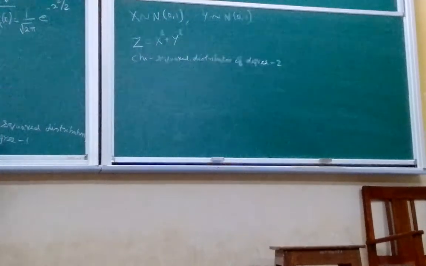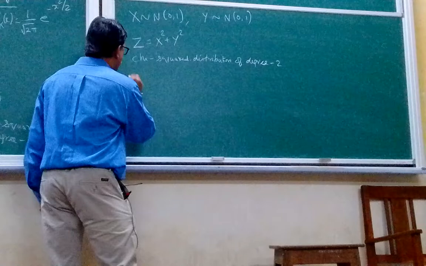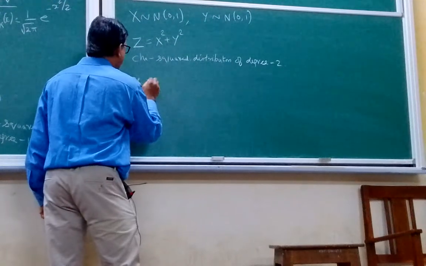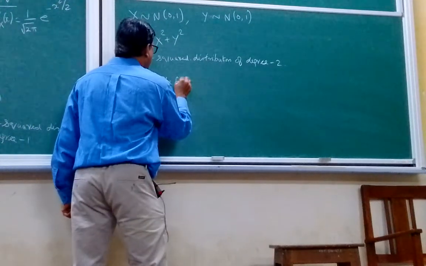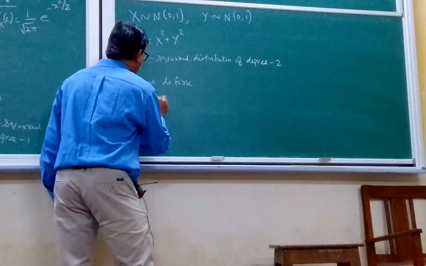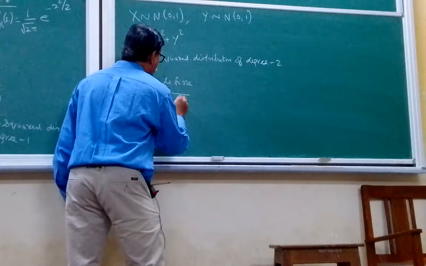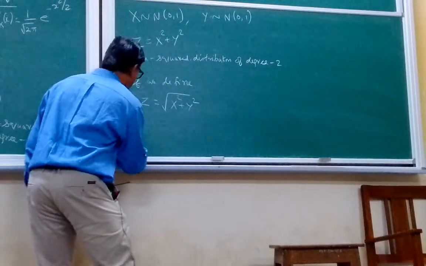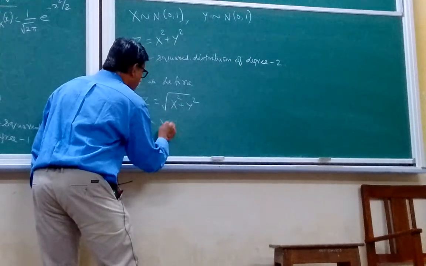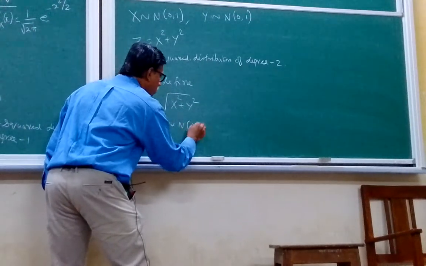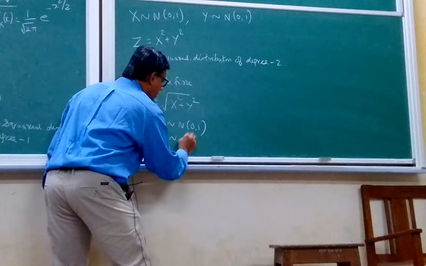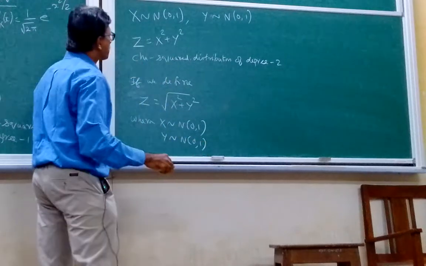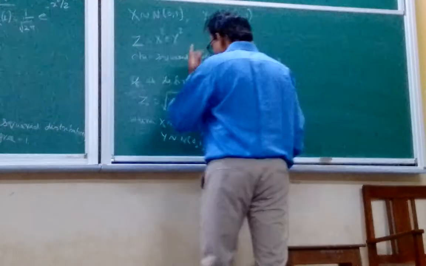Then one more thing. Suppose we define z to be root of x squared plus y squared, where x is N(0,1), y is N(0,1). Of course, I think they have to be independent.